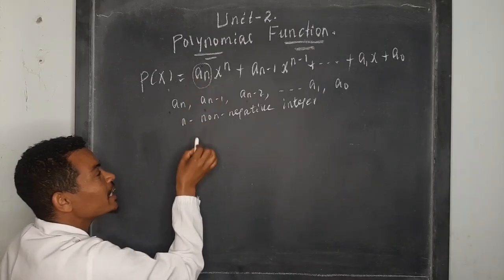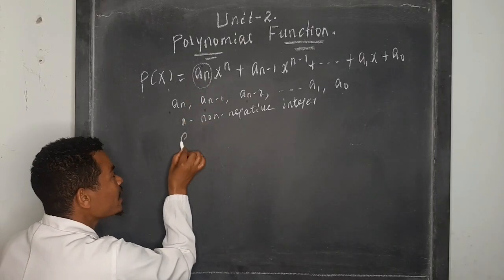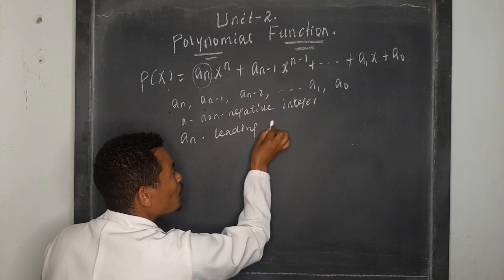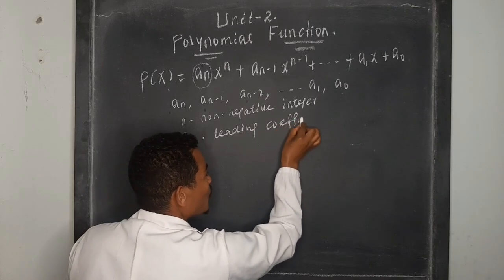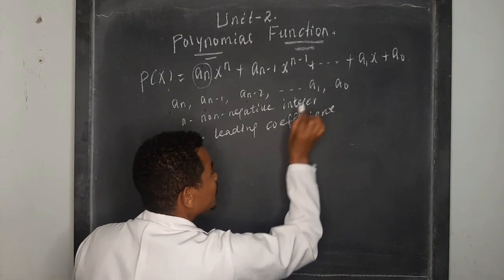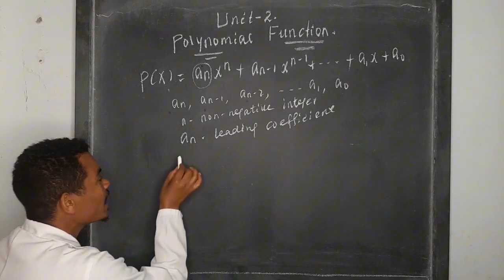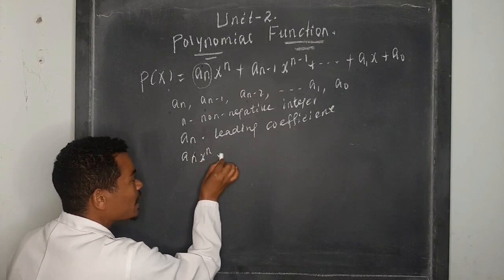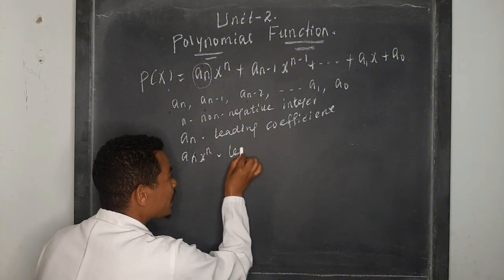The coefficient of the highest degree, a_n, is called the leading coefficient, and a_n x^n is called the leading term.